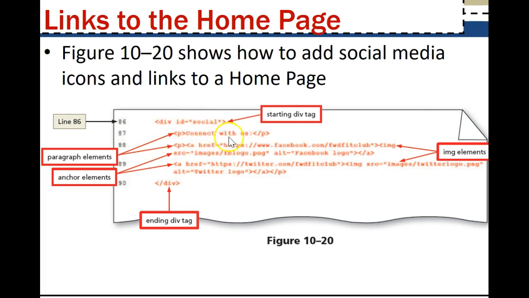And then you can have your paragraph element, and then you can have the link of your Facebook, and then you want to have the image element here. And again, you have another anchor element here. This is for Twitter. And then you finish your div, close it. So this is how you can add the Facebook and Twitter links, at least here.